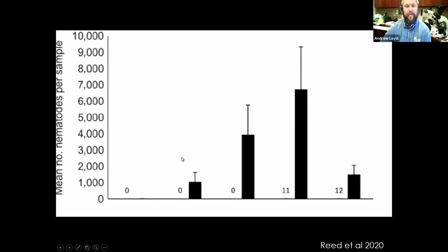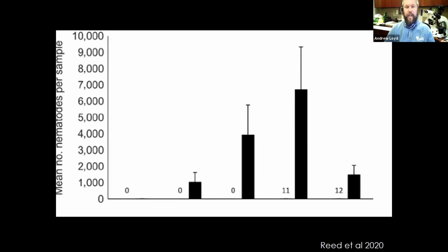And this is the number of nematodes that were collected in a given sample. So the average number of nematodes collected. So you can see as the season progresses, the growing season, the most nematodes are found in about August, September timeframe. So that's when they're active, they're swimming, and we think probably also moving in the plant.